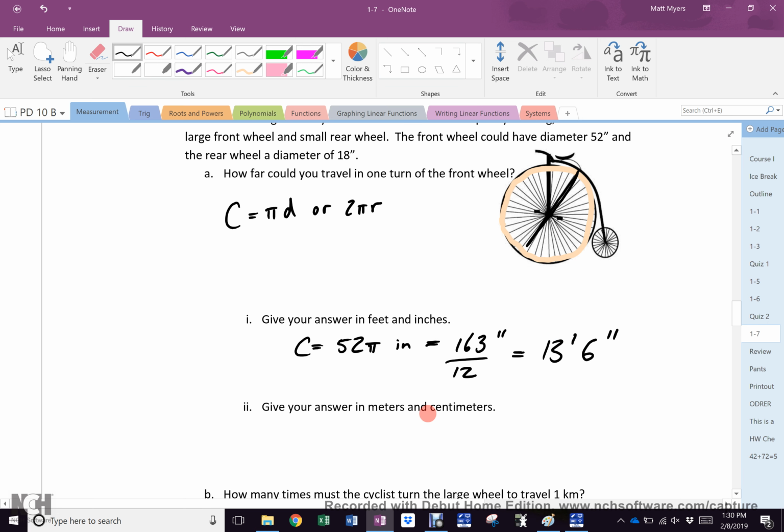Then I want it in meters and centimeters. Don't care how you do it, but if I were doing it, I would go 13.5 feet times, I want meters, 0.3048 meters. Get that decimal, which would be whatever it is, and figure it out with meters and centimeters. It's going to be around 4 meters, 14 centimeters.